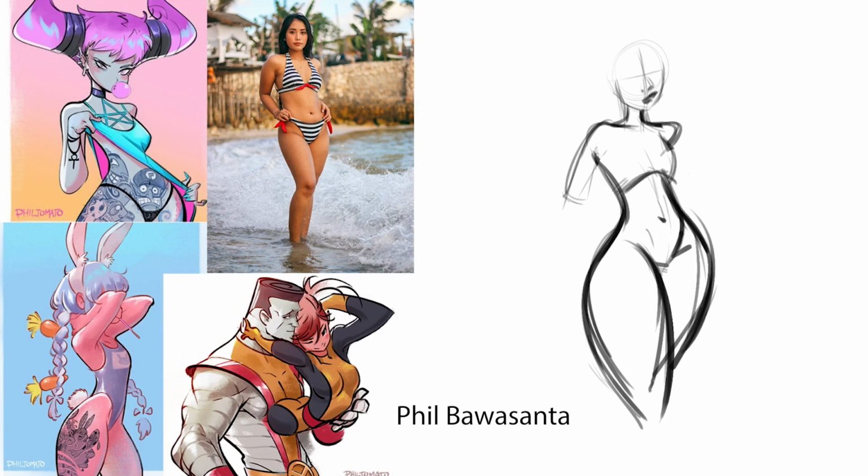Again, you can see that I'm not going as exaggerated with the waist as some of these other artists have done. It's not something that super appeals to me, that invisible waist kind of a thing. I like to have a resemblance of some waist when I'm drawing pinup styles like this, but that's just me. That's my personal taste. So you guys have to find your own personal taste as well.